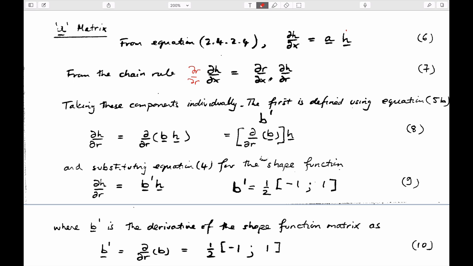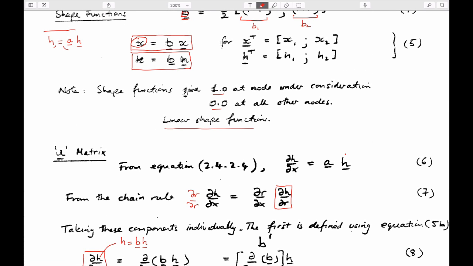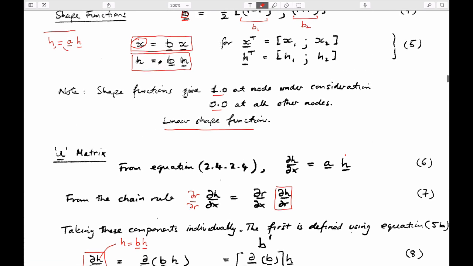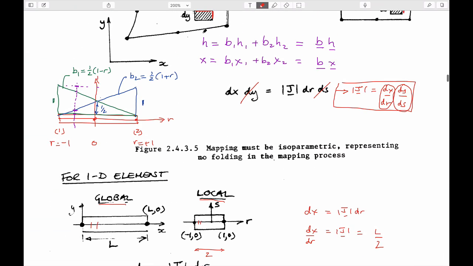And so what we could do is we could first of all take this first term, which is this, and we note that the head is equal to what? Head at any location is equal to the shape function multiplied by the nodal values of heads, right? Nothing different from this. This is this expression here, and this is the same as this expression here, right?